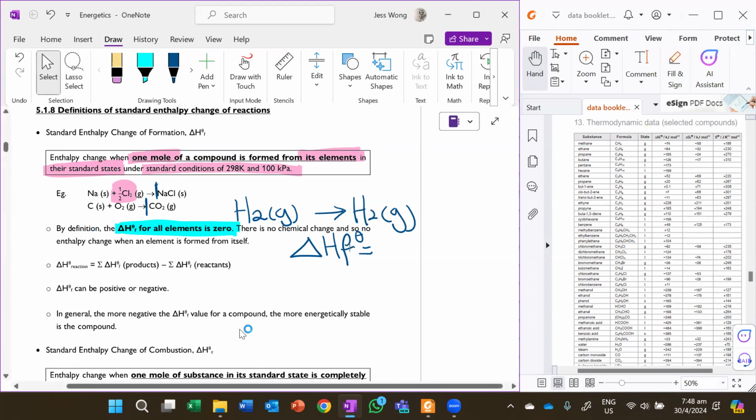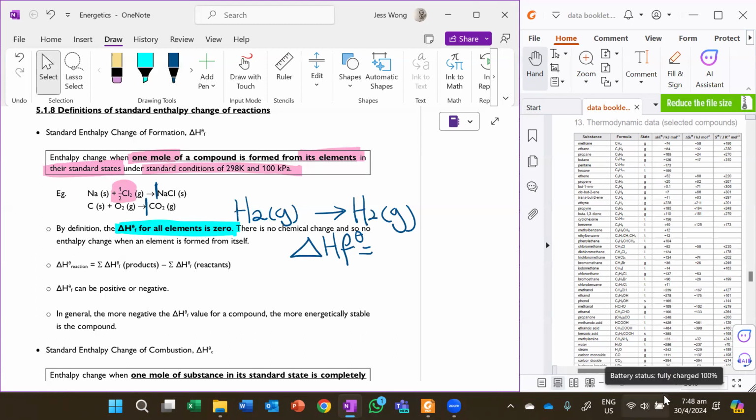But generally, if the delta HF is more negative, that means the product formed is more energetically stable compared to the reactant.